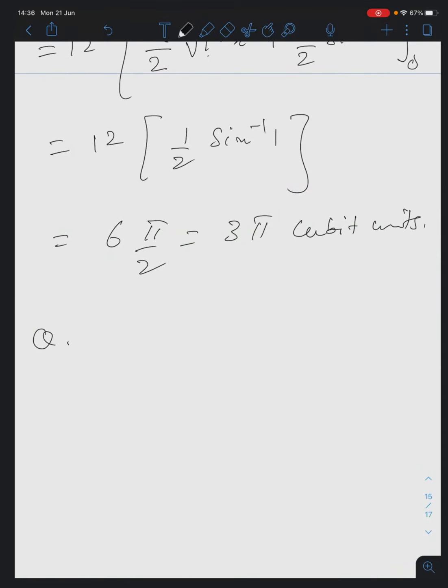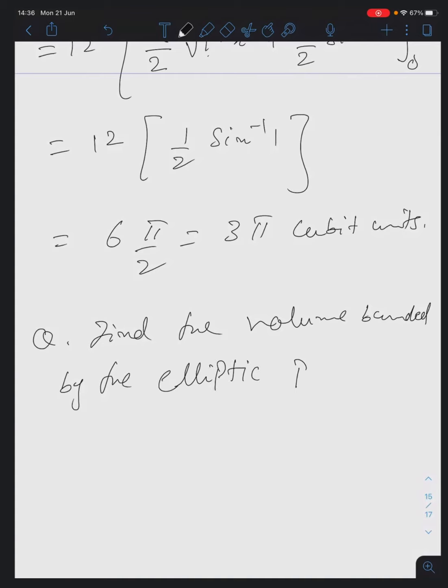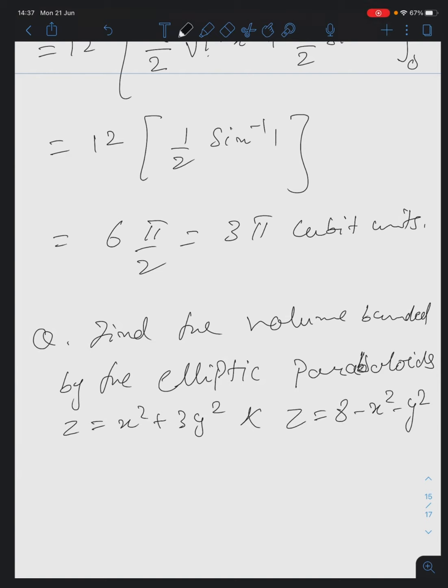Note down one or two problems here. Find the volume bounded by the elliptic paraboloids z is equal to x square plus 3y square and z is equal to 8 minus x square minus y square.